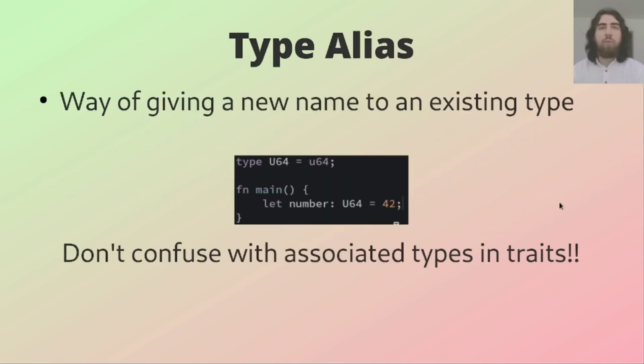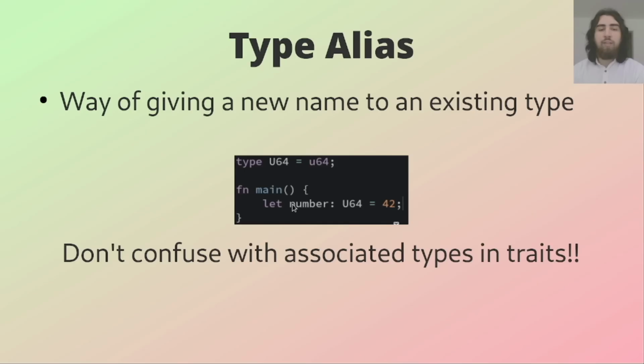And there is also a concept called type alias. So it's basically just a way of giving a name to an existing type. So if you'd like to write u64 like this, then you can create a type alias, meaning we can use the type keyword and provide a new name for a specific type.